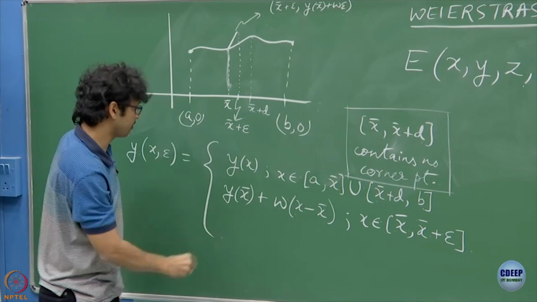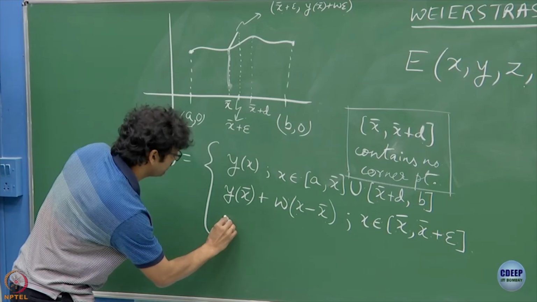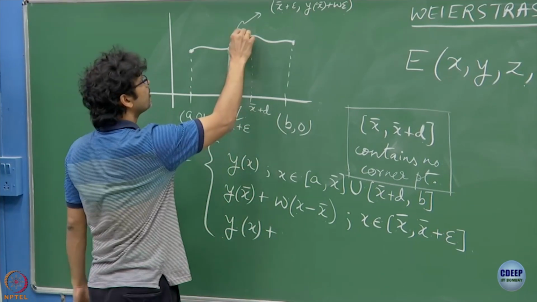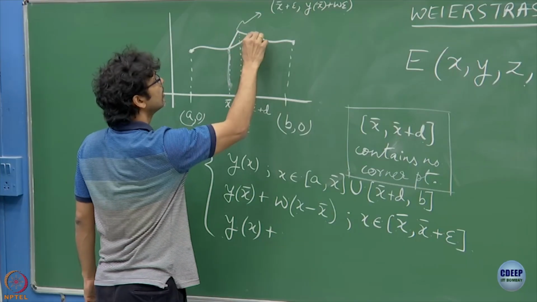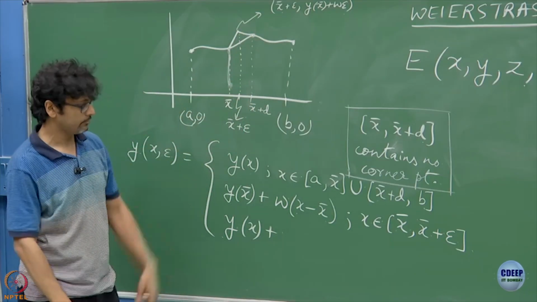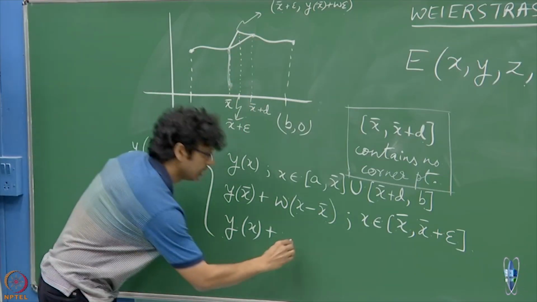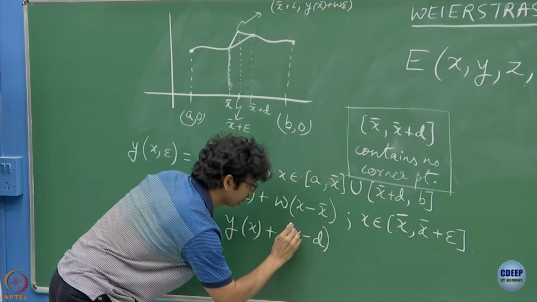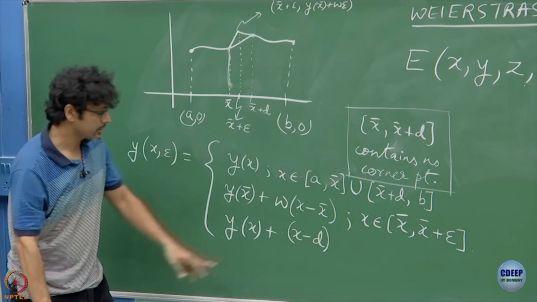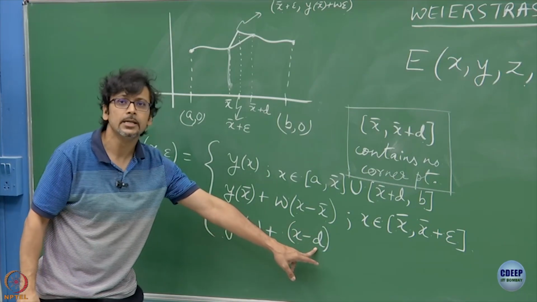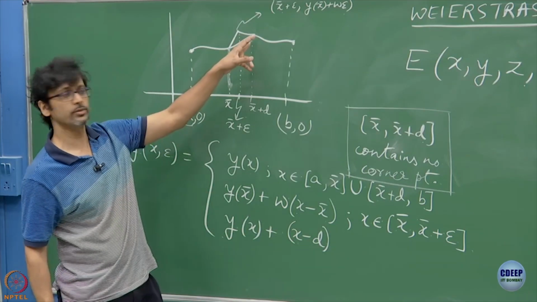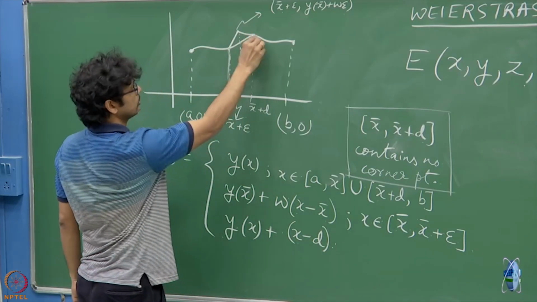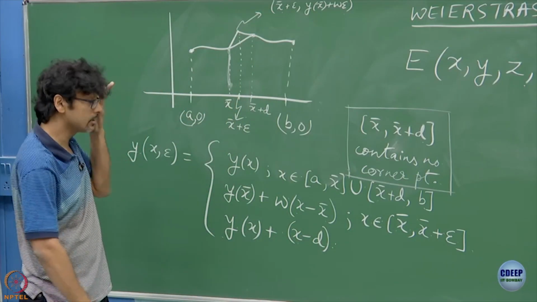So we want to define this perturbation. We'll say y of x plus a linear perturbation, and it has to merge back with this. So of course it has to vanish at x equal to d, because there again it merges with the original curve, and then the slope of this between these two. That's quite easy, isn't it?